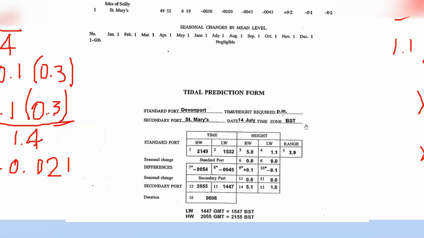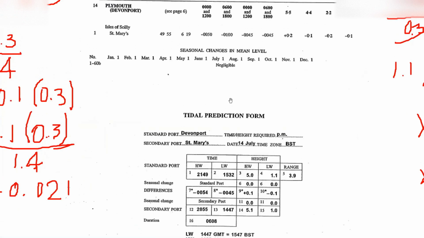So tama yung interpolation natin, ano? Okay, so you just apply again the seasonal change. And then kung ano yung result, algebraic sum. So yan ang inyong height of high and low in the secondary port in the afternoon as requested here.